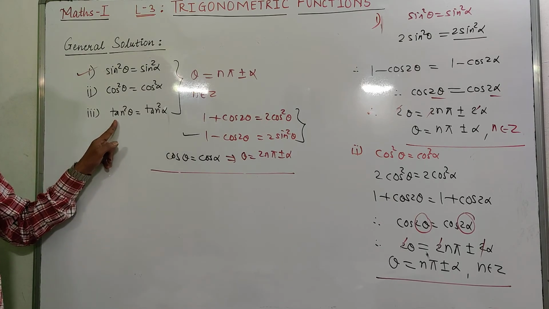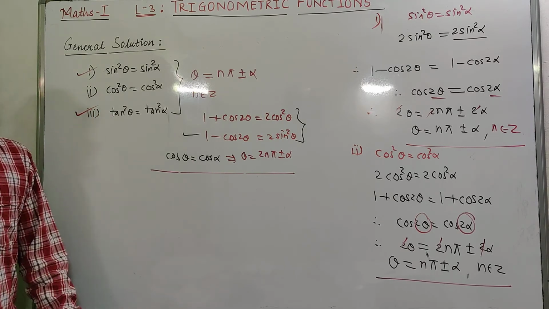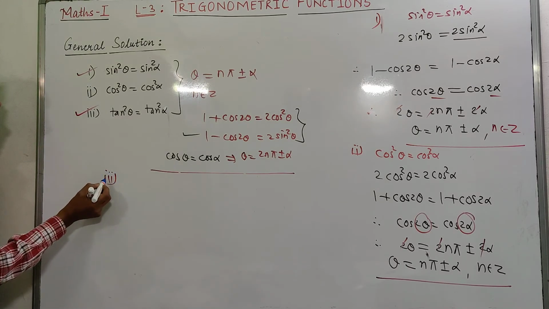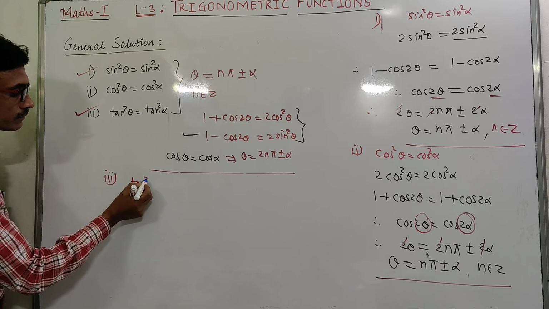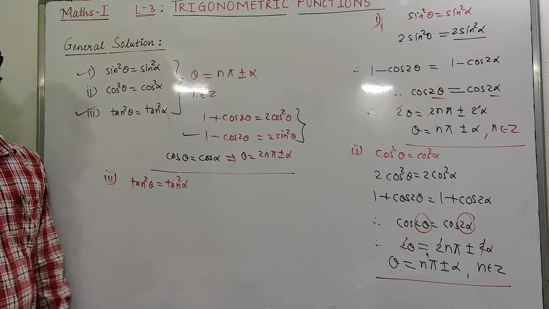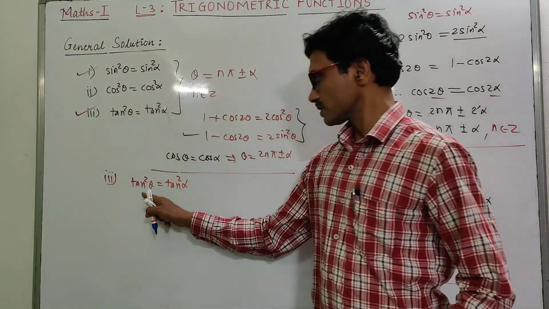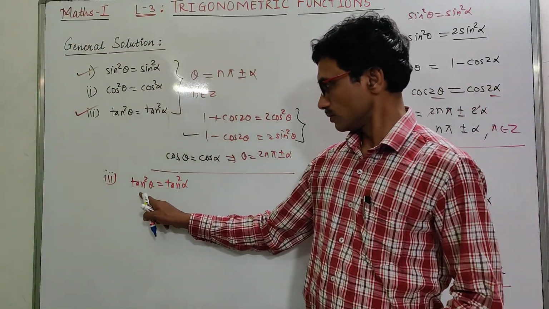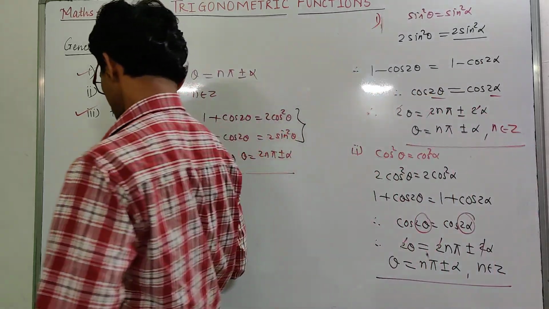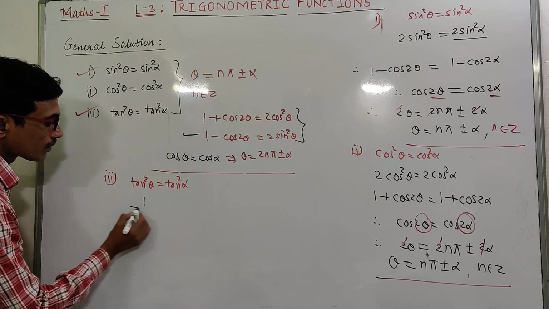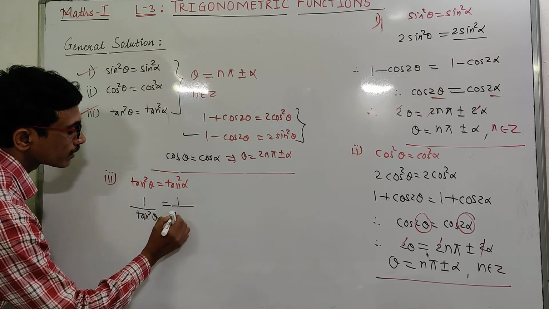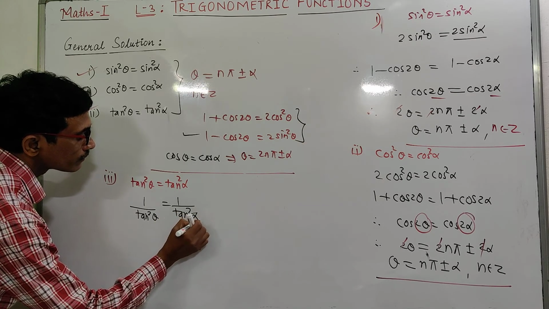Now the third one, tan square theta is equal to tan square alpha. Now if we take reciprocal of both sides, we will be getting 1 upon tan square theta is equal to 1 upon tan square alpha.